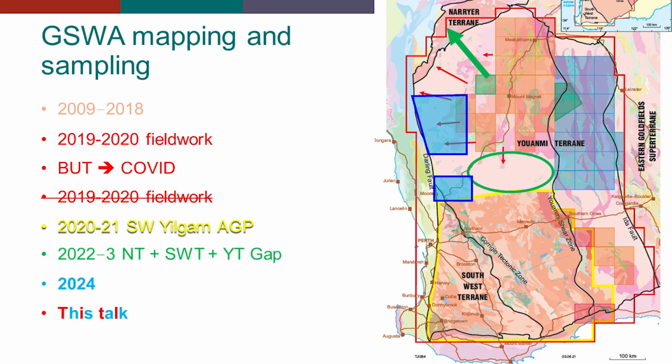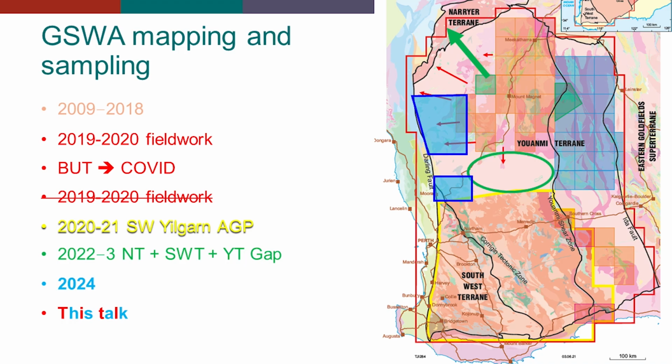So as Raphael has shown you, from around 2009 to 2018, we did a lot of work in these square map areas up here, and we pushed out in 2019 into some of this very interesting unknown and unmapped area.